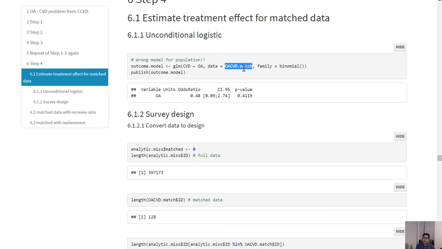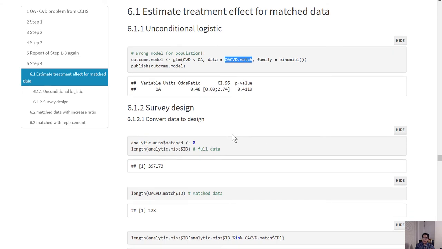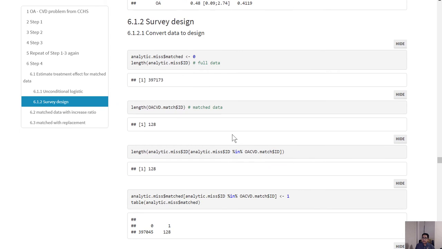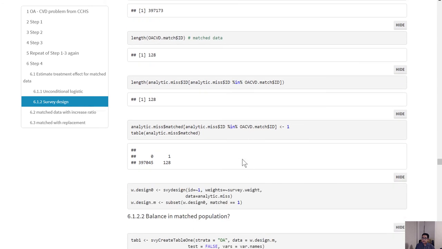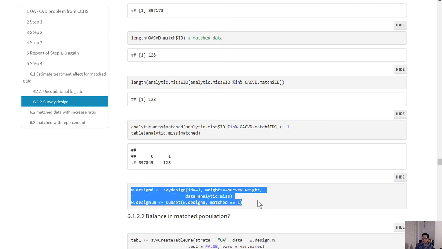Otherwise, your mapping from sample to population will not happen. So in step 4, you need to consider the design. For that design, you again try to create a matched variable, and based on that matched variable, you try to subset the dataset, which we have done in the previous lab as well.